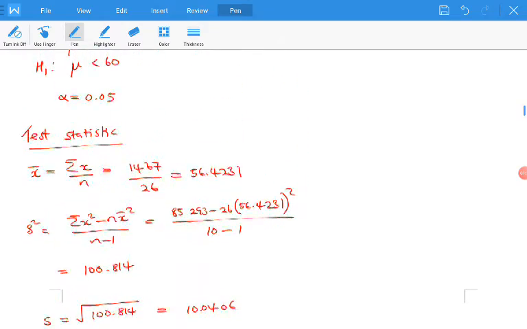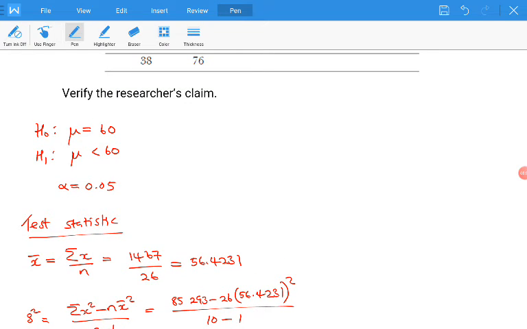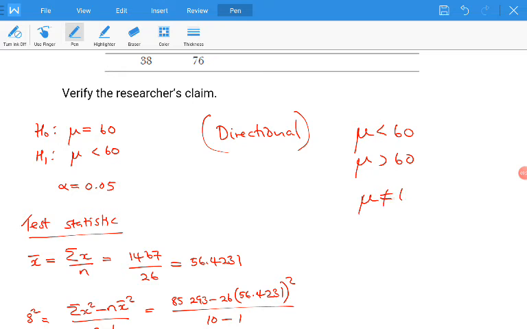So now we want to determine the critical value. But before we determine the critical value, we have to take note that this is a one-tailed test. One-tailed tests are directional. By directional, it means that on our alternative hypothesis, we have either mu is less than 60 or mu is greater than 60. If we had mu is not equal to 60, it was going to be a two-tailed test.